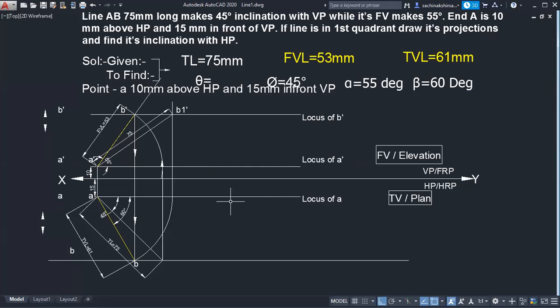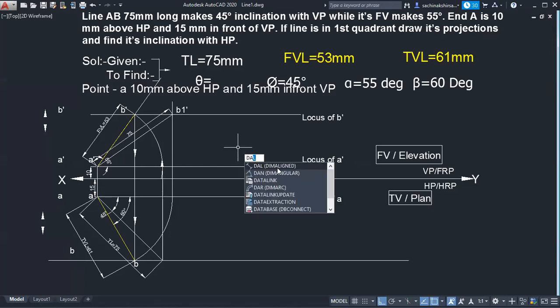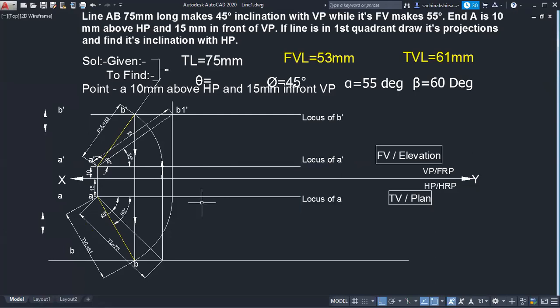How much is the theta? 35 degree. Exactly 35. Very good. 35 is the correct answer.